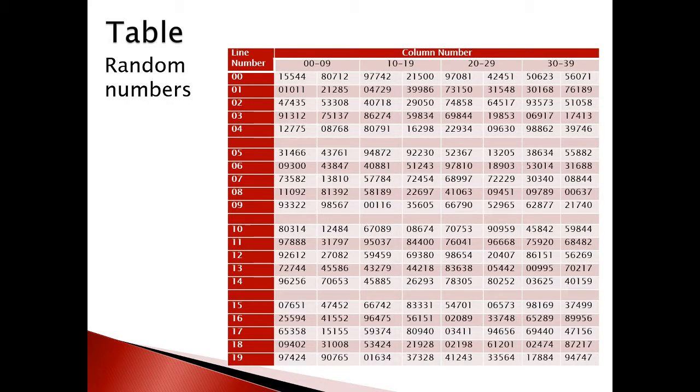So let's see, there are two columns here. In column 1, we have the line number. In column 2, we have the column number, and we can use these to generate numbers randomly. You can see that there is no connection between one number and another, so they are different.